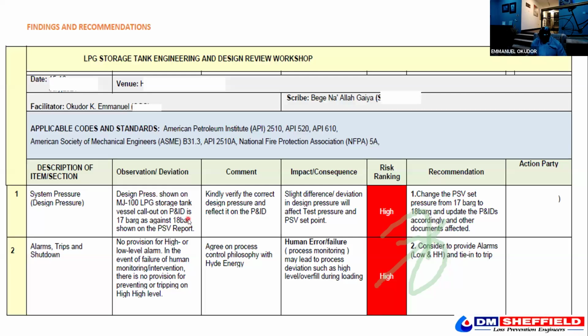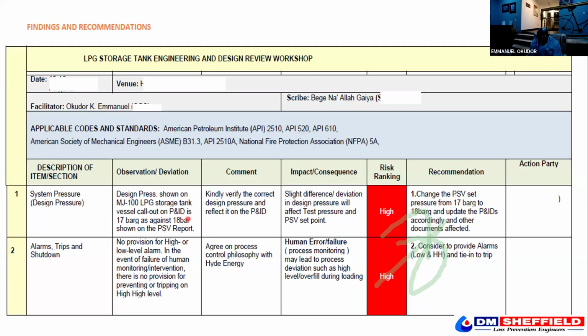For example, your API 14C, API 520, the set point of your reliever usually should be at your design pressure. However, some companies don't put it at design pressure. They put it a little bit above the operating pressure. If that is your philosophy, in your basis for design, you need to state it there and make reference.